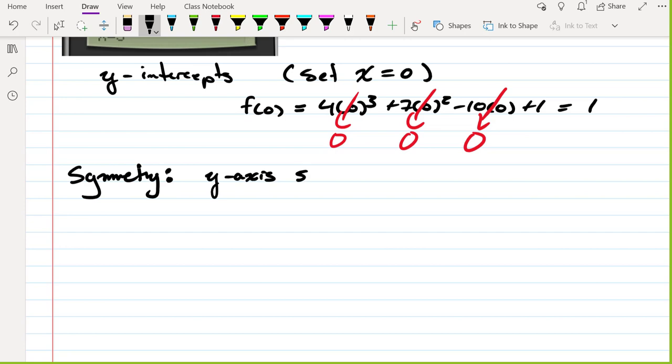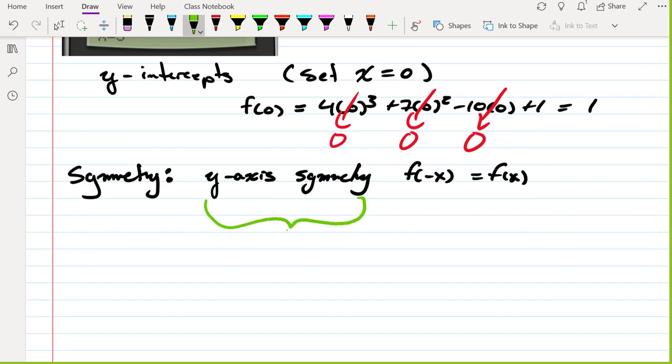So for y-axis symmetry, we have that f of negative x is equal to f of x. So basically, if we replace x with negative x, do we get the same thing? And what was the other name for y-axis symmetry? So this is the same as an odd function.